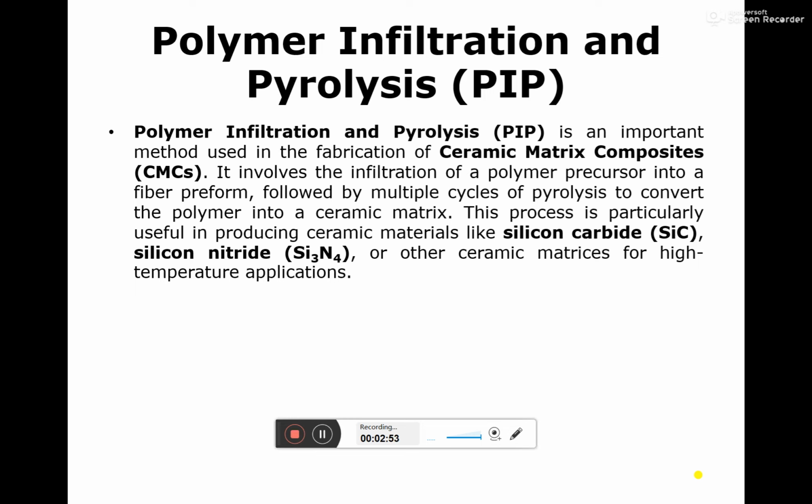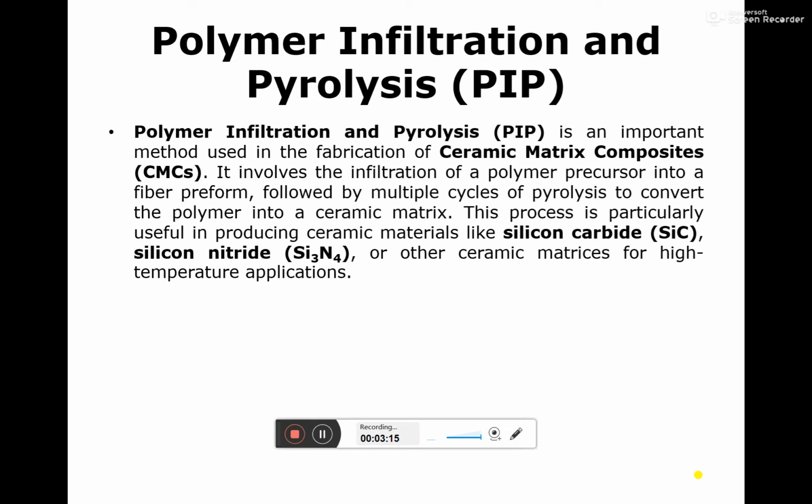This polymer infiltration and pyrolysis is done multiple times, because an appropriately densified ceramic matrix composite has to be produced. For that, we have to perform polymer infiltration and pyrolysis multiple times.